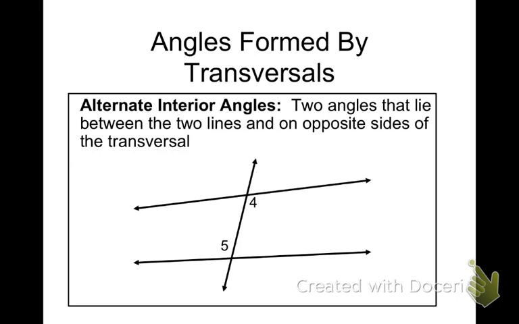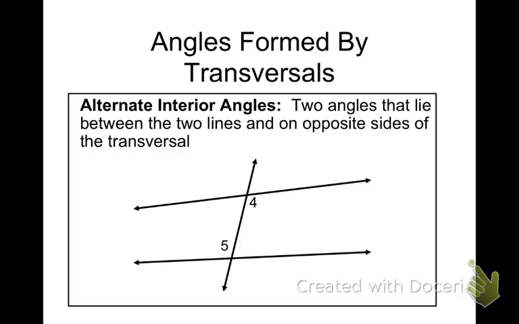Okay, so the next one we have is alternate interior. Again, abbreviate. I know I don't give you a whole lot of space in there. So 2 angles that lie between the two lines and on opposite sides of the transversal.